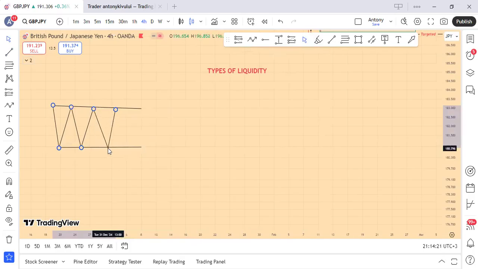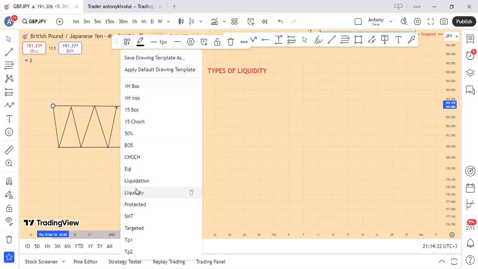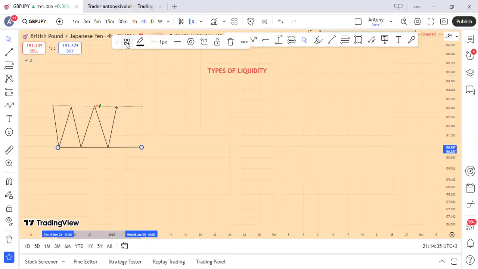We have that kind of liquidity. So on this line, there is liquidity above and there is also liquidity down here.